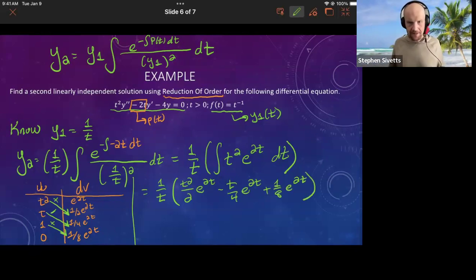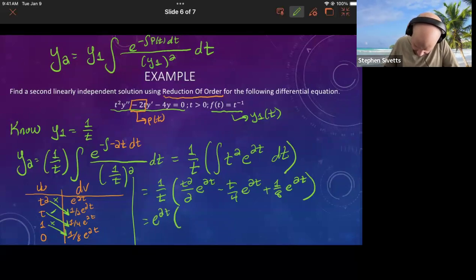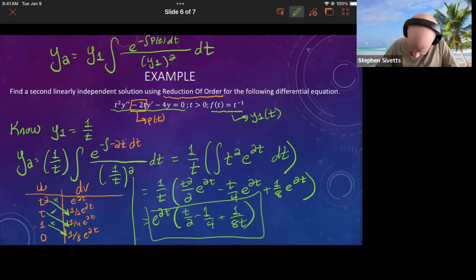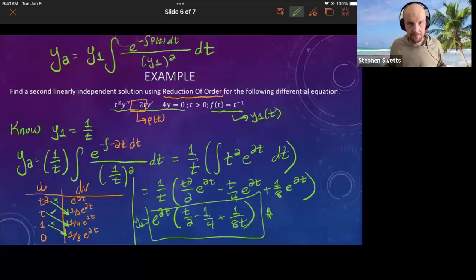So this is equal to e to the 2t times (t over 2 minus 1/4 plus 1 over 8t). So this is y2 of t. That's the other linearly independent solution.